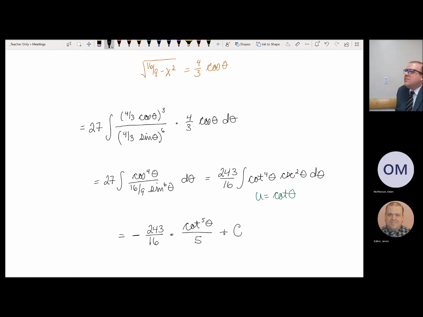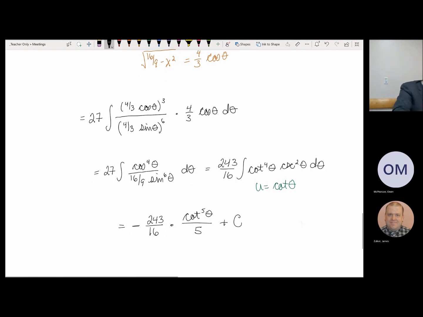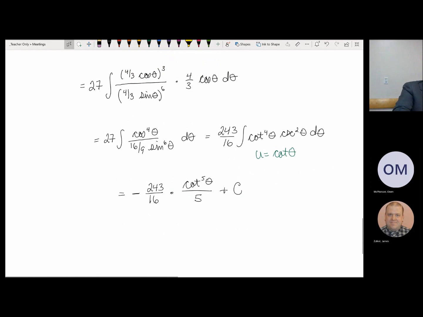Also the constant. We need cotangent. 16 times 5, take care of that.